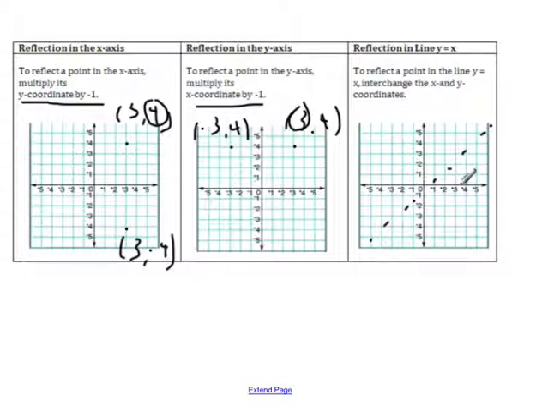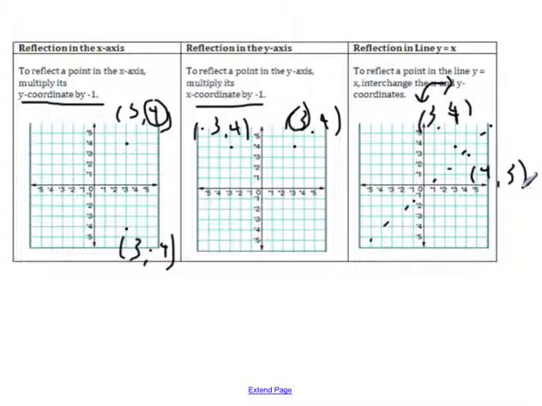So again, let's plot our point, over 3, up 4. So we have the point 3, 4. Now to reflect it over the line y equals x, I just need to flip-flop those, which means I have the point over 4, up 1, 2, 3, which is right here. So I graphed the point 4, 3.